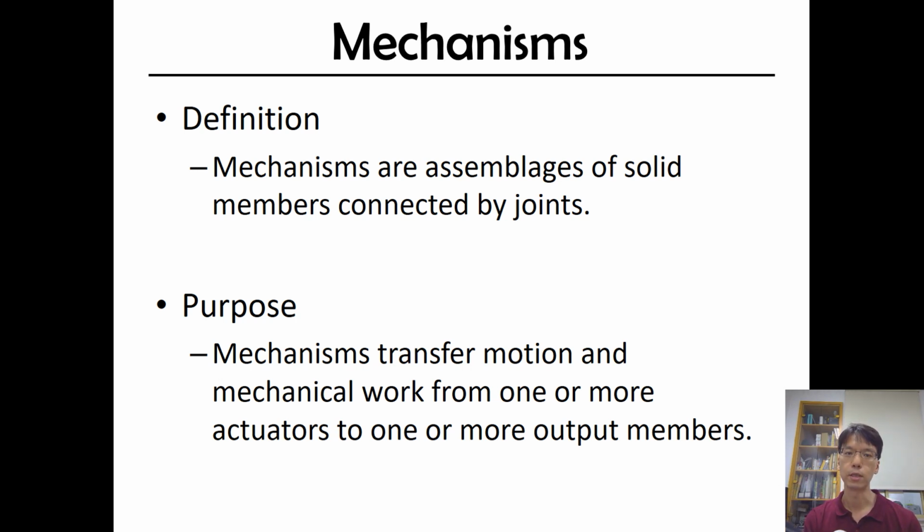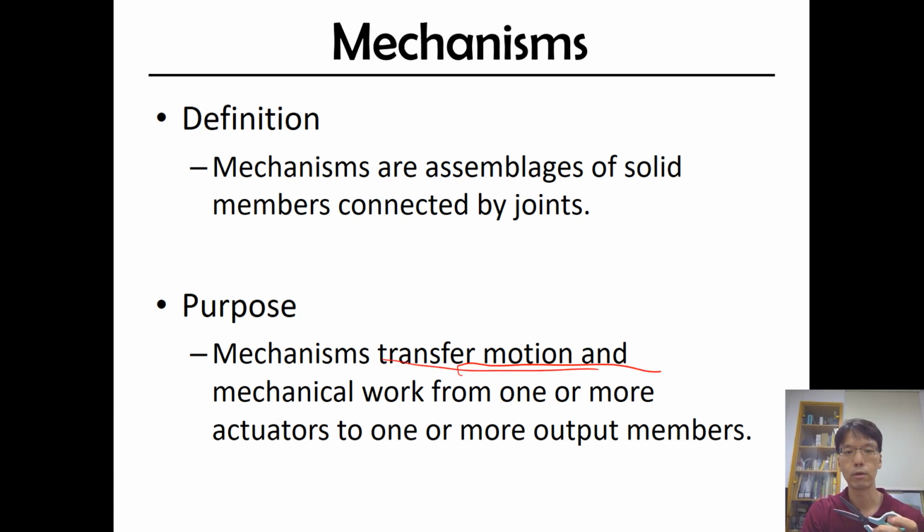But what's the purpose of a mechanism? Here I also quote this sentence from the textbook. A mechanism transfers motion and mechanical work from one or more actuators to one or more output members. So it mentions motions.